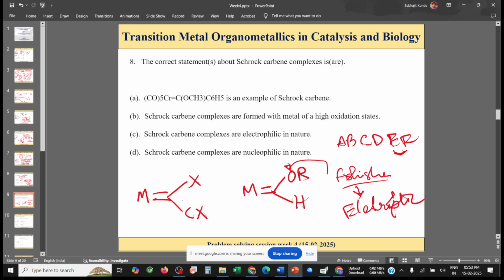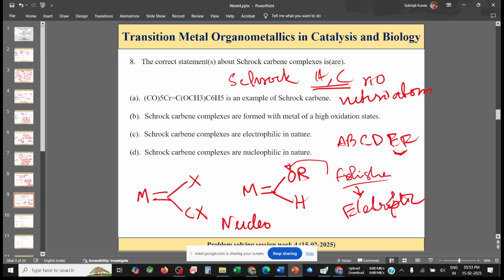Whereas the Schrock type of carbene only contains the substituents hydrogen or carbon, no heteroatom. And it is nucleophilic in nature. Schrock type is nucleophilic in nature.